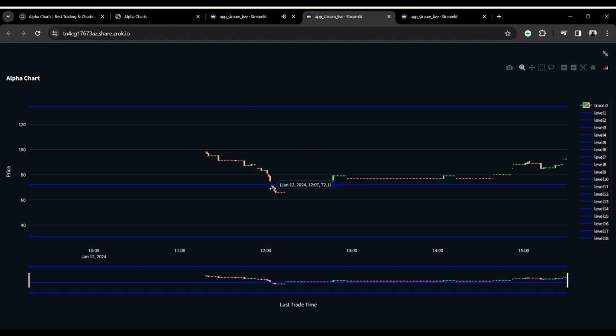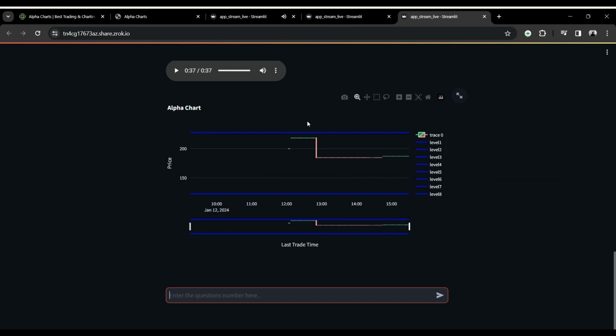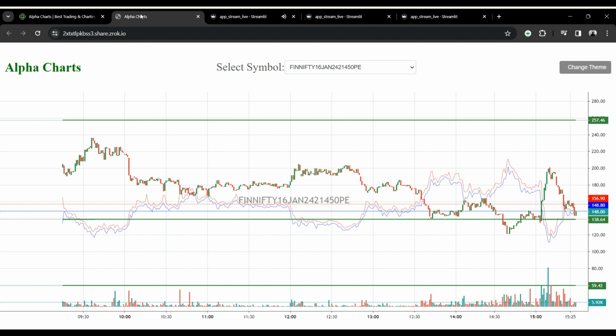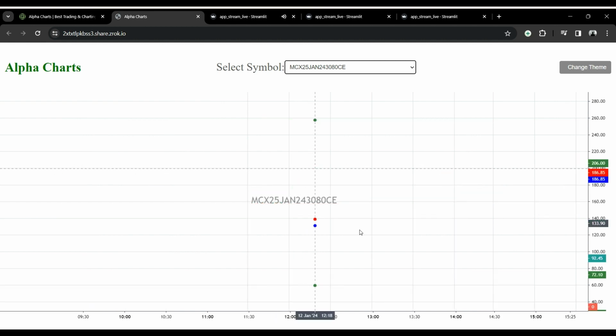If you notice, it did not give any points for the CE side. Probably P would have come down, but P also did not have any data. So let's take a look at the P side and C side of our opposite side charts. Let's go into C now.